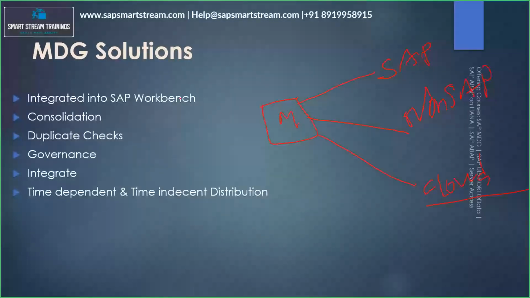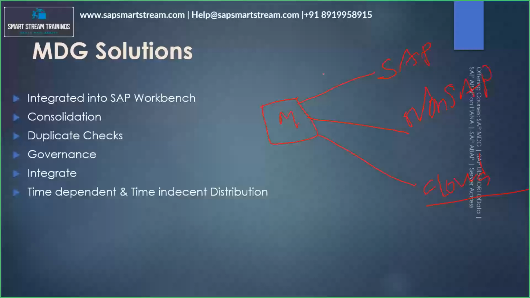We can replicate the data in one shot. With one execution button, we can replicate the same data to n number of systems, whether SAP, non-SAP, or cloud systems. Any kind of data, any kind of system, we can replicate in one shot. This solution is only available in the MDG.